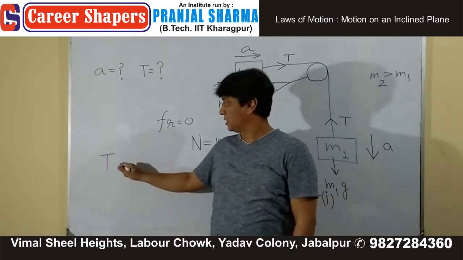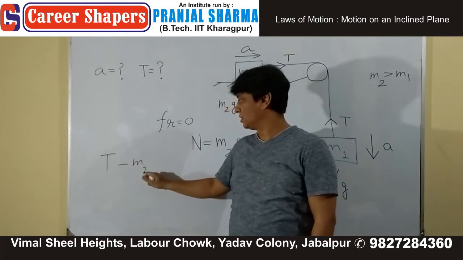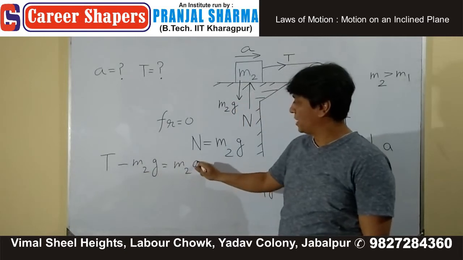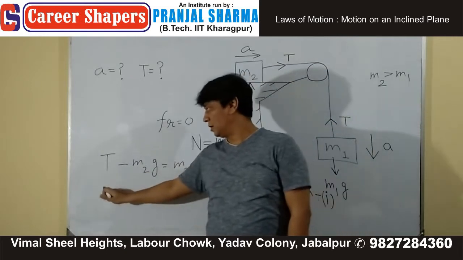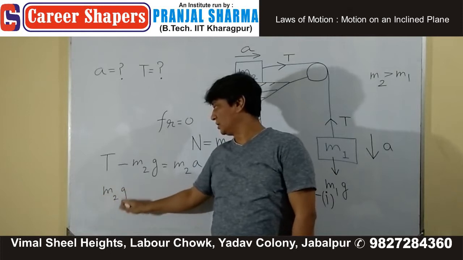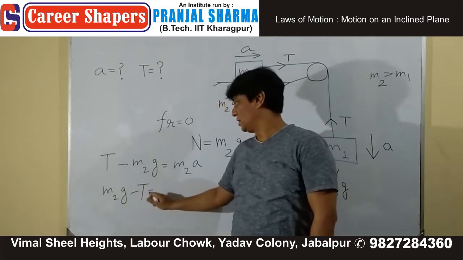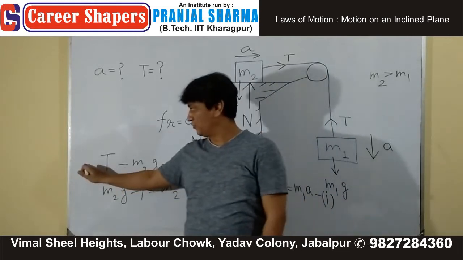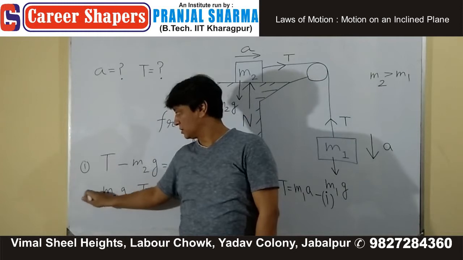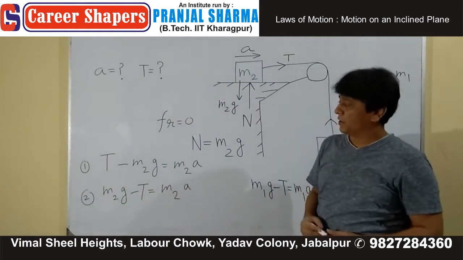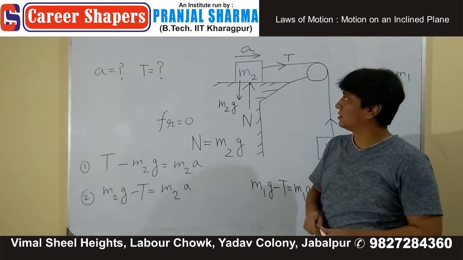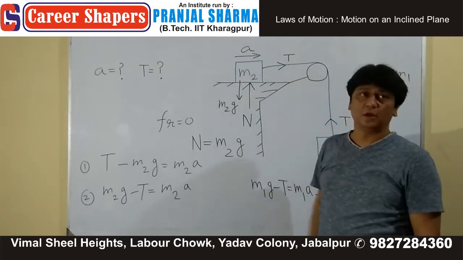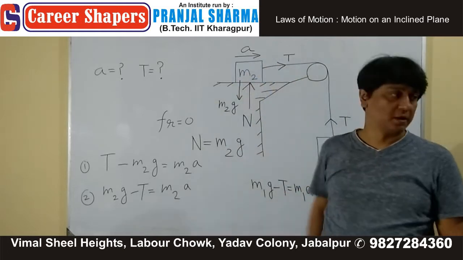T minus m2g equals to m2a, or m2g minus T equals to m2a. Which one is correct for m2? First or second? What is your answer? Mention this in the comment box. For m2, I should take T minus m2g or m2g minus T.